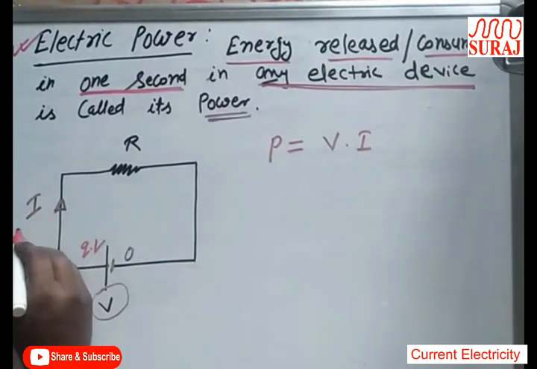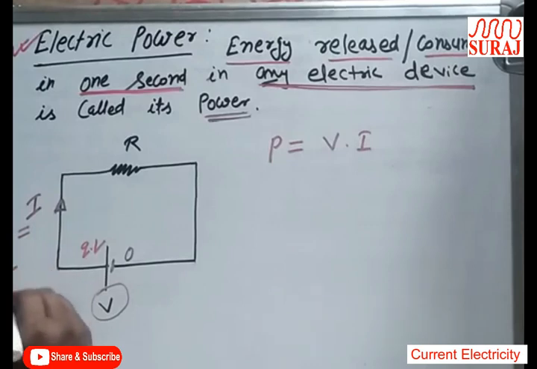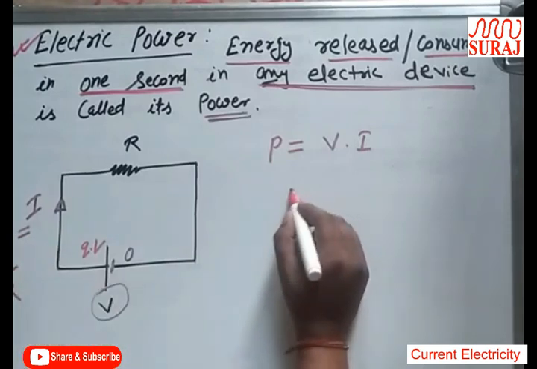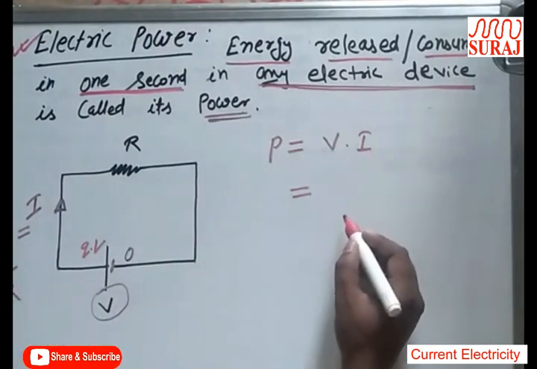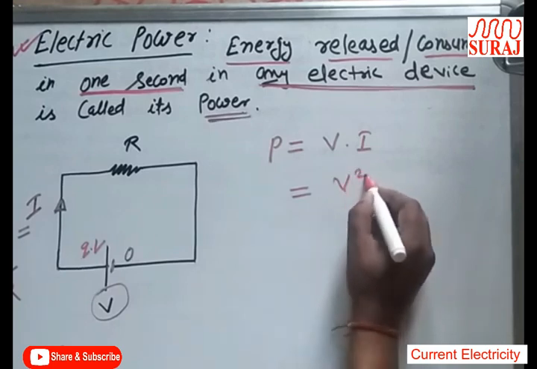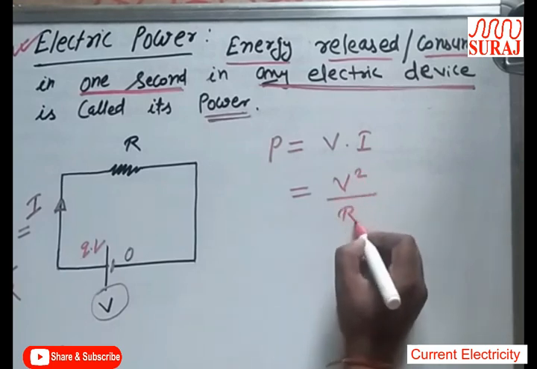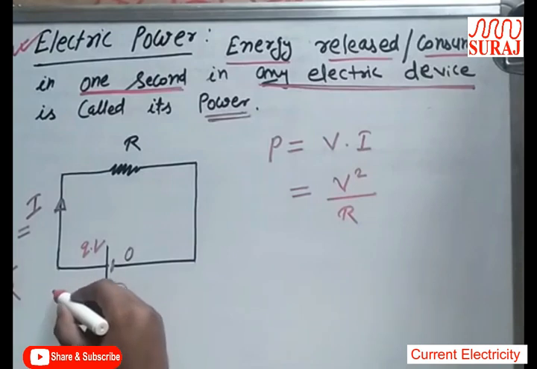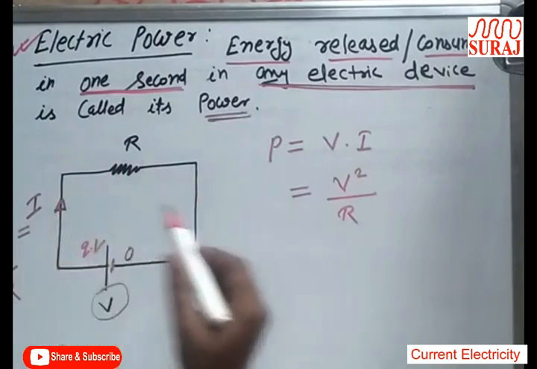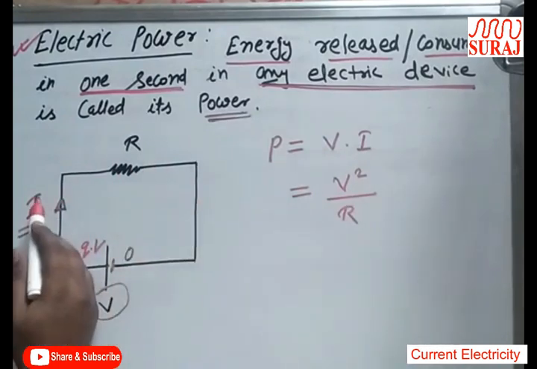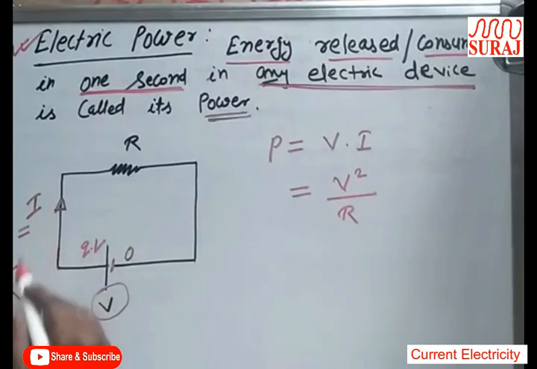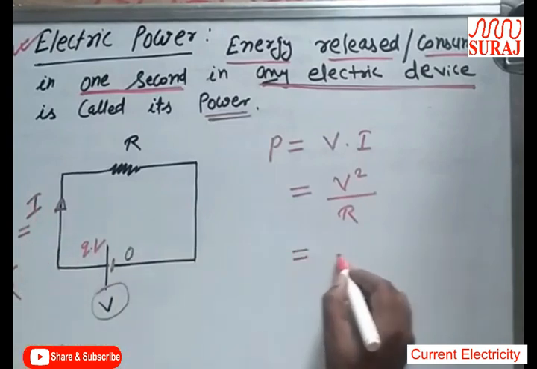Now if you see this circuit, the current I will be V by R. So putting the value of current I, the relation becomes V square by R. We can also put the value of V as I into R in the same relation.